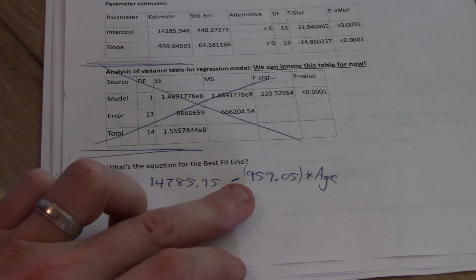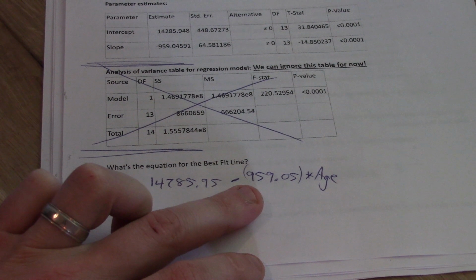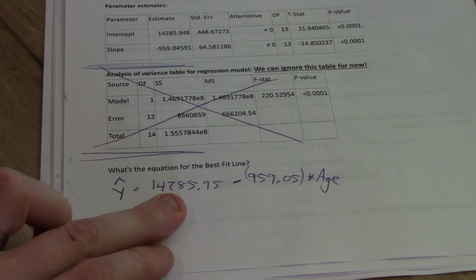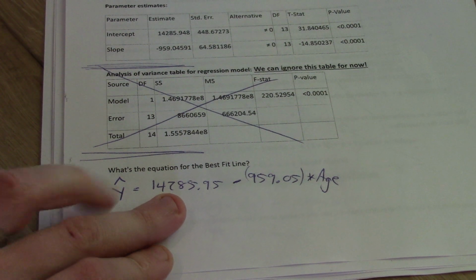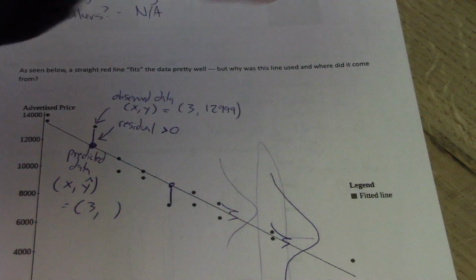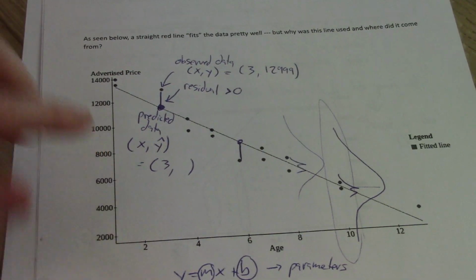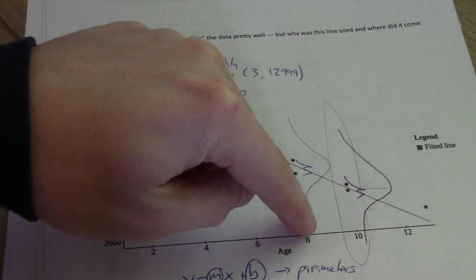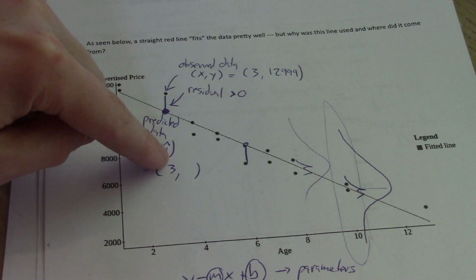So we can see that the slope is negative, as we expected, because there's a negative association. And the y-intercept was pretty high, around 14,000. So that, again, makes sense if we look at the scatter plot on page 4. As we run along the x-axis, the rise is actually a fall.